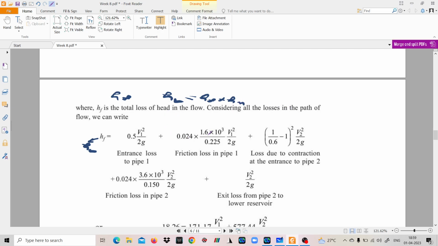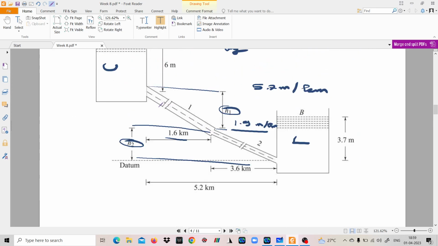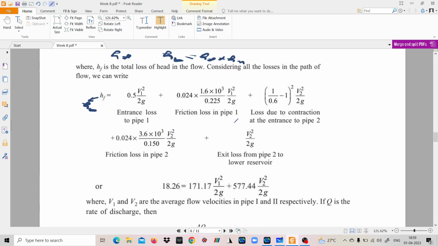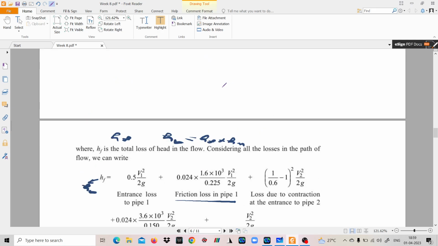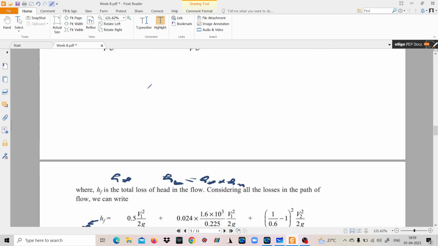So what are the losses? There will be major losses. One major loss will be while flowing through pipe 1, and another major loss will be while flowing through pipe 2. These are the friction losses, friction loss for pipe 1, friction loss for pipe 2. We will look at the expressions, but first let us identify the losses. As the water enters pipe 1 from this upper reservoir, at this location there will be a minor loss because of the entrance.